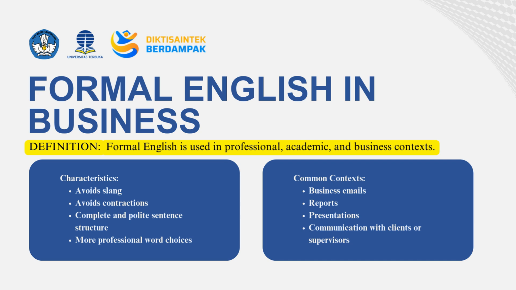In addition, the word choice tends to be more professional. We commonly use formal English in business emails, reports, presentations, and communication with clients or supervisors. In short, when the situation is professional, formal English is the safer and more appropriate choice.